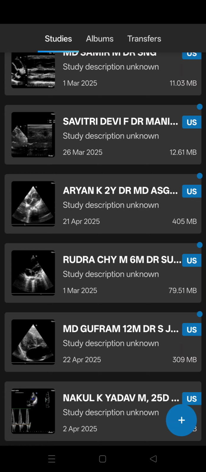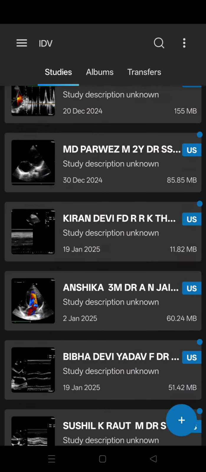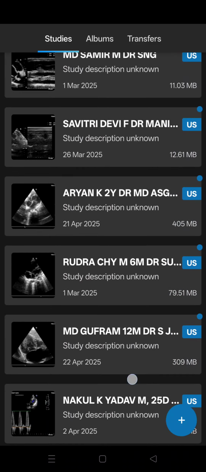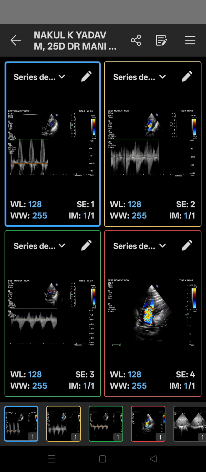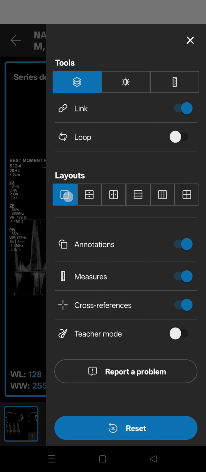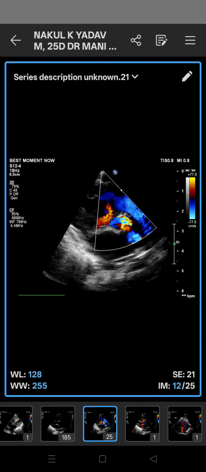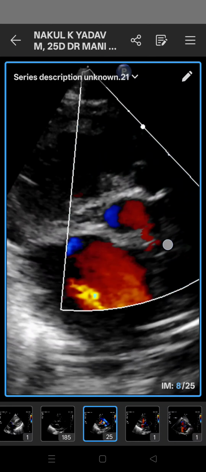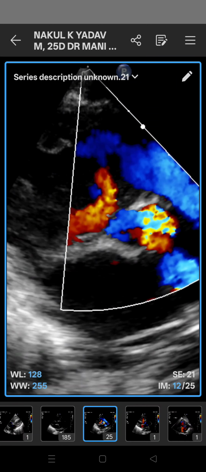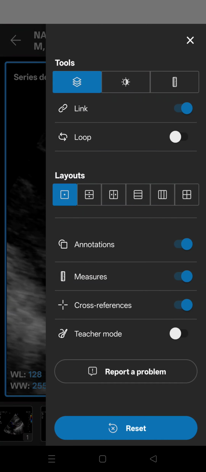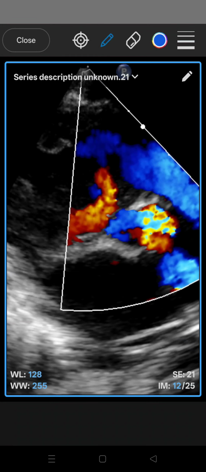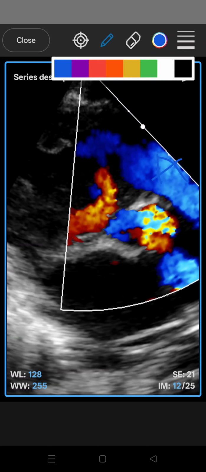Sorry, it has changed. Image you see, in this image, this is aorta. Let me change the color.